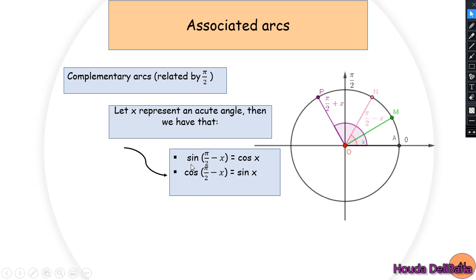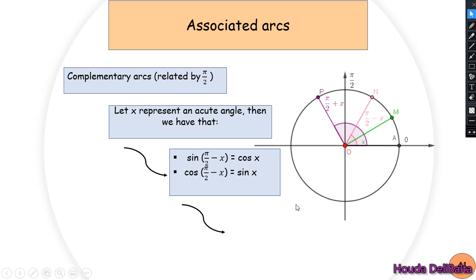Then sine is going to be cosine, and cosine of pi over 2 minus x is going to be sine x. Okay? So where is pi over 2 minus x? As you see, it is the pink one. Here is the acute angle x, the green one. The pink one is pi over 2 minus x. It's indeed in quadrant 1. That's why both have a positive sign.